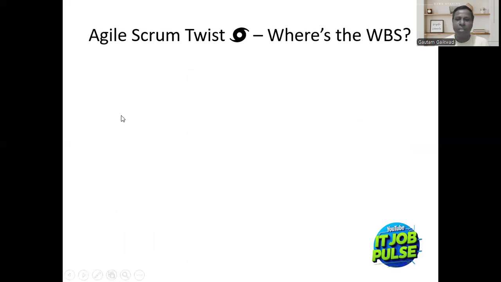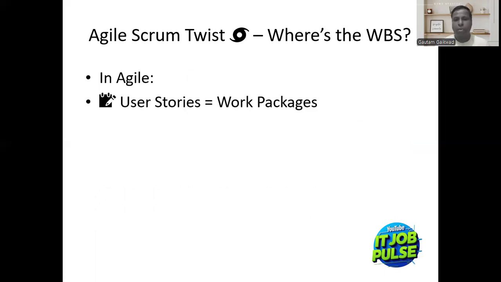Agile Scrum twist. Where's the WBS? Now we have understood WBS in waterfall, and let's understand what WBS is and where it is. Okay, so WBS is nothing but epics. Now what are epics? Imagine you are going to the Google page and you are searching for something. There is a search functionality, that is nothing but the epic, a high level epic.